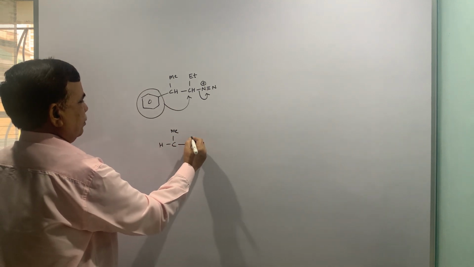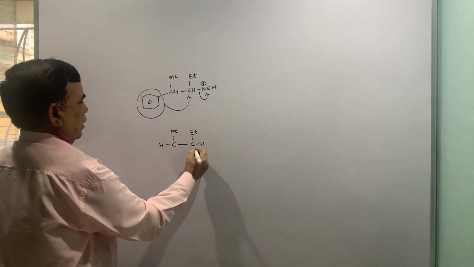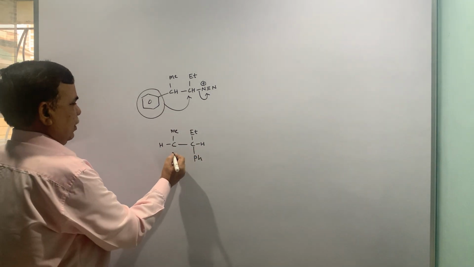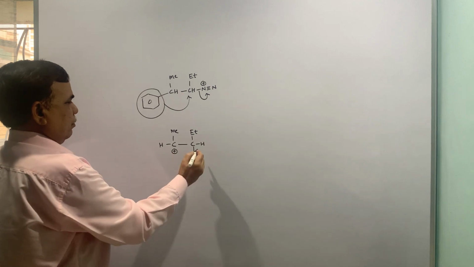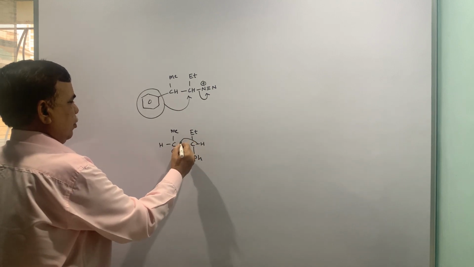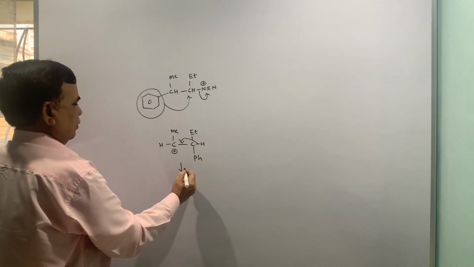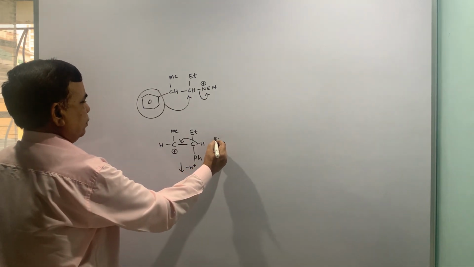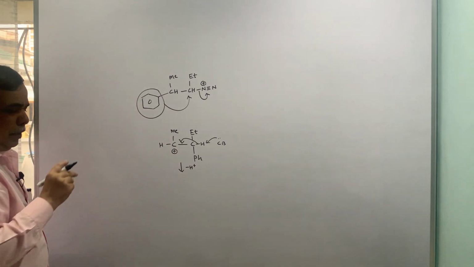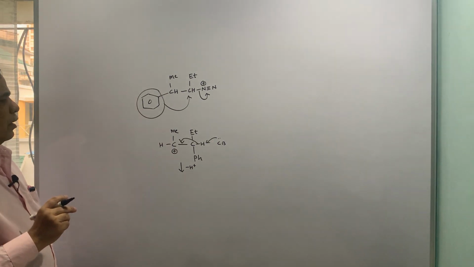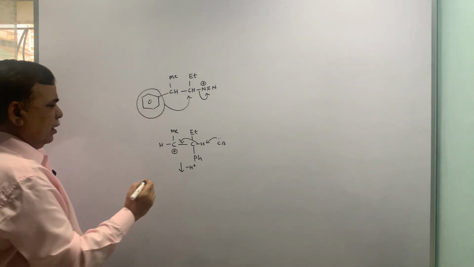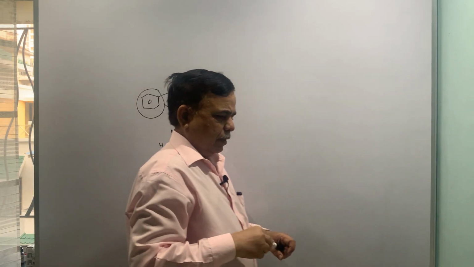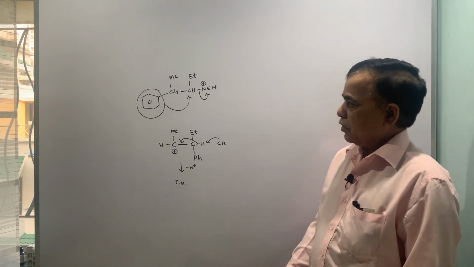CH, ethyl, the phenyl ring will be there, and now this will turn positive. When this proton is lost to a conjugate base, we will be getting the product which is given as a resultant of this reaction.